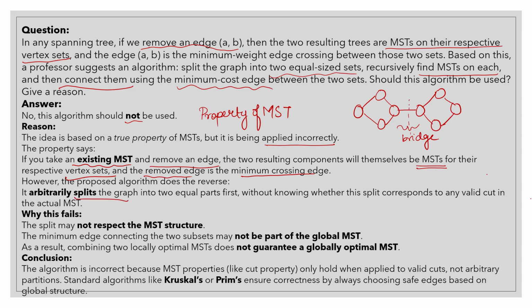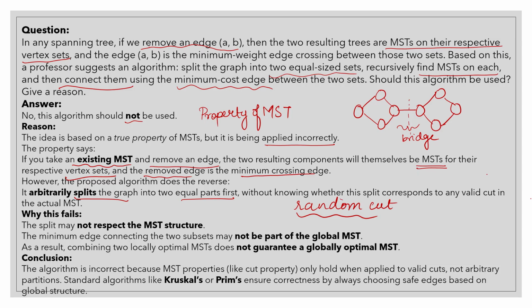We split the graph into two equal parts without knowing whether the split corresponds to a valid cut in the actual MST. It is a random cut. We don't know anything about the weights, but we randomly cut it in between.